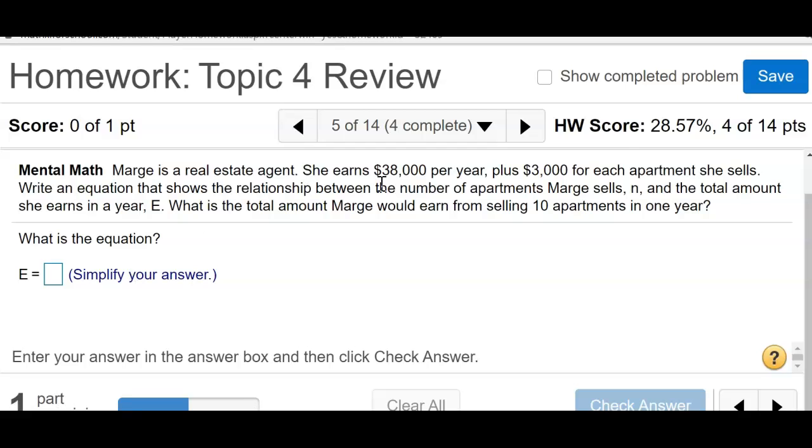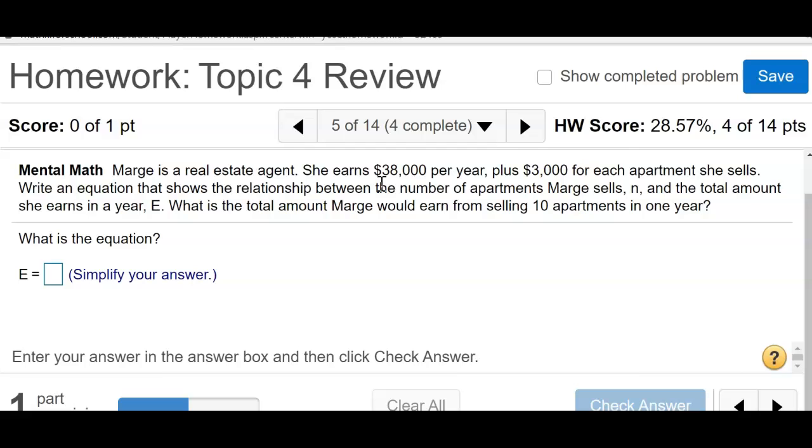This question, it says, Marge is a real estate agent. She earns $38,000 per year plus $3,000 for each apartment she sells. Write an equation that shows the relationship between the number of apartments Marge sells and the total amount she earns in a year, E. Okay, what would the total amount Marge would earn for selling 10 apartments in 1 year?